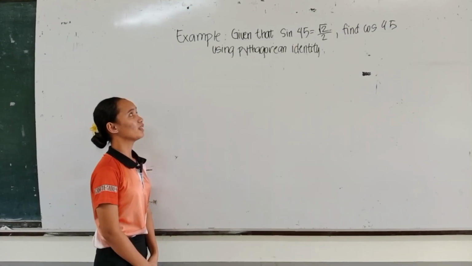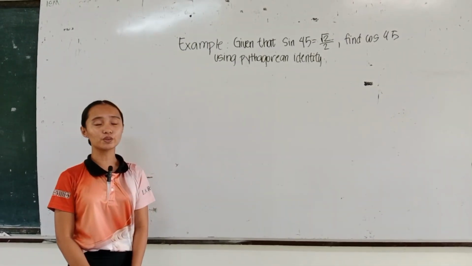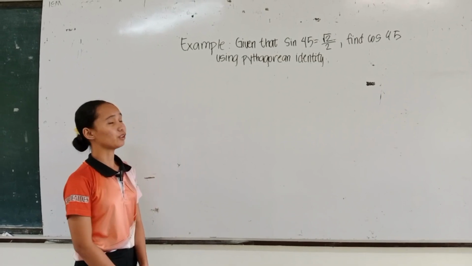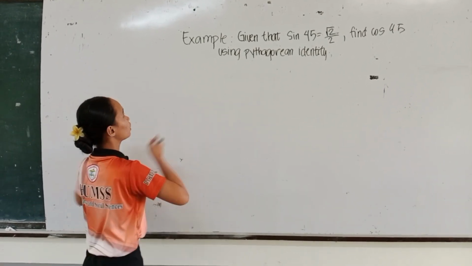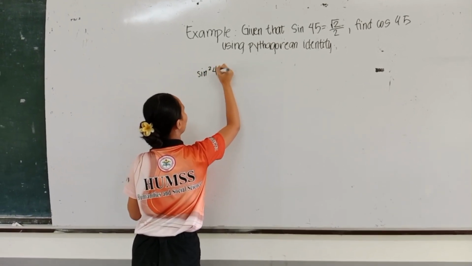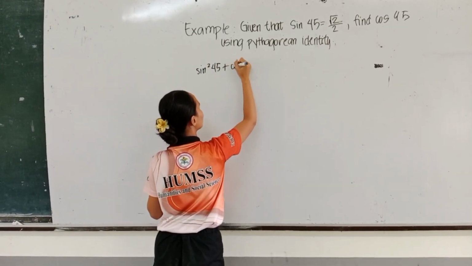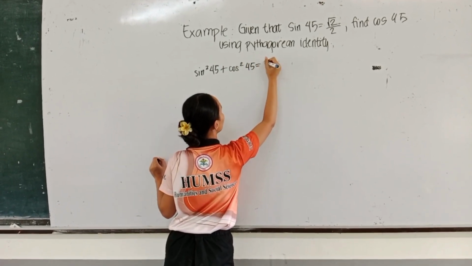For example, given that sine 45 is square root of 2 over 2, find the cosine 45 using the Pythagorean identity. So, sine squared 45 plus cosine squared 45 is equal to 1.